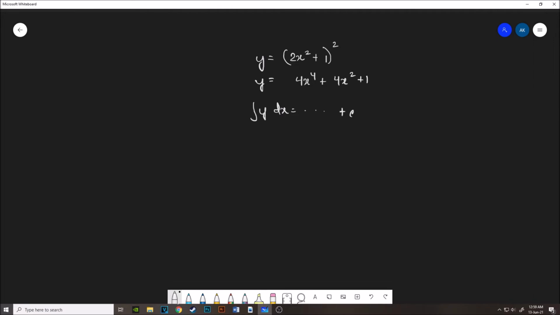And just to make the question tricky, the question might ask you to integrate 2x square plus 1 to the power 3. In that case, you can separate that power 3 into 2x square plus 1 to the power 2 and 2x square plus 1. Then you can expand the squared part and then multiply it with the other factor.